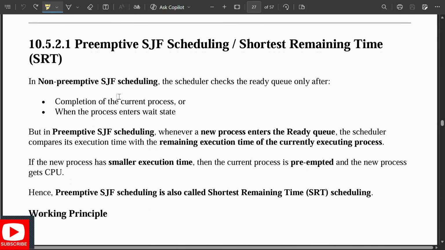But in preemptive SJF scheduling, whenever a new process enters the ready queue, the scheduler compares its execution time with the remaining execution time of the currently executing process. The smaller execution time is selected, so the current process is preempted and the new process gets the CPU. Hence, preemptive SJF scheduling is also called shortest remaining time scheduling.